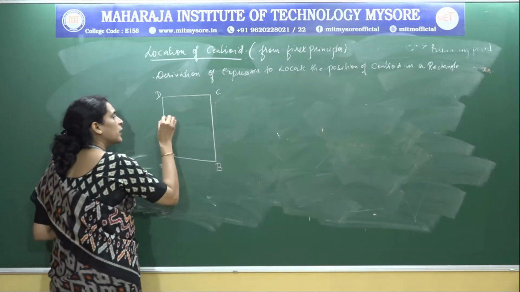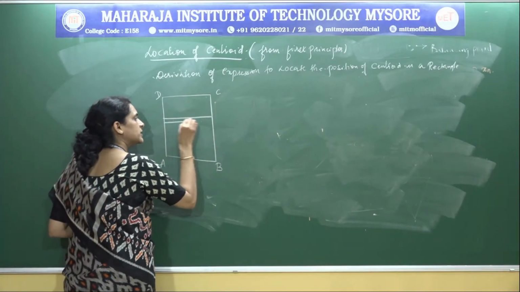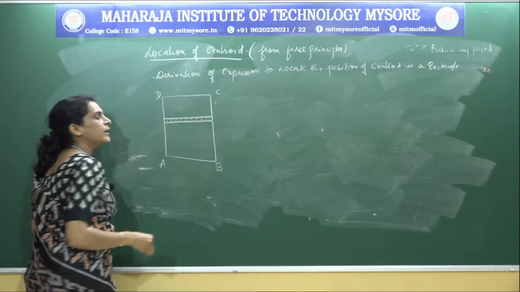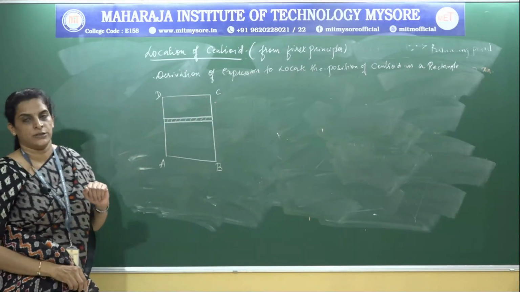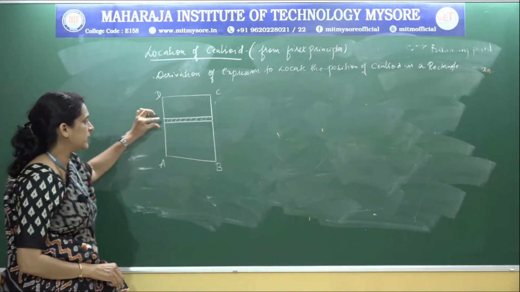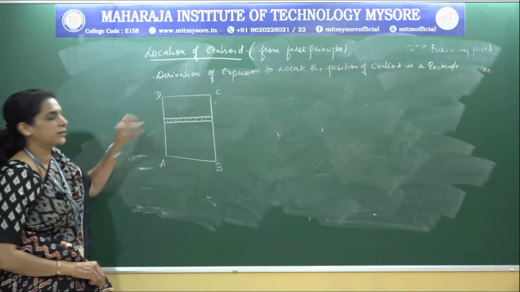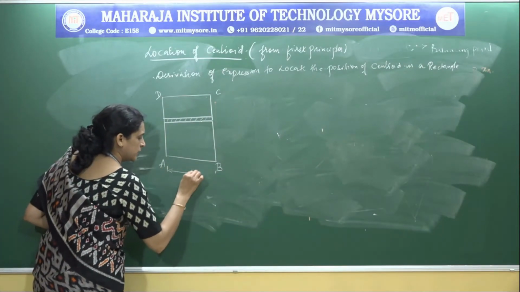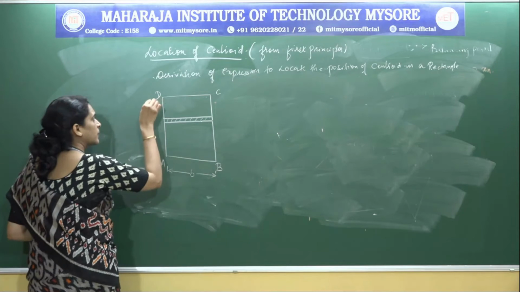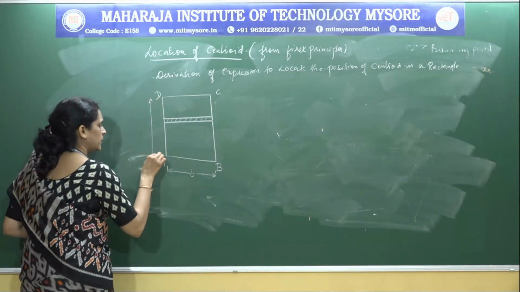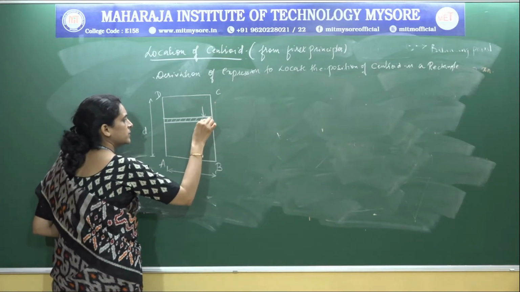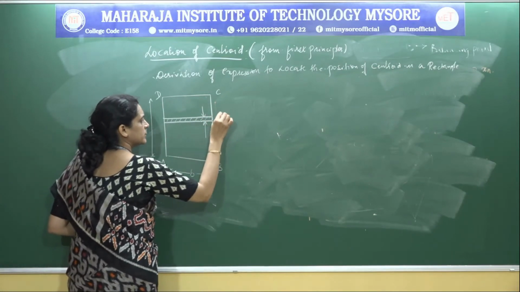Means to tell, we know that this rectangle can be divided into n number of individual strips. Here we are considering the horizontal strip. The dimension is B by D, while the thickness of this is dy.